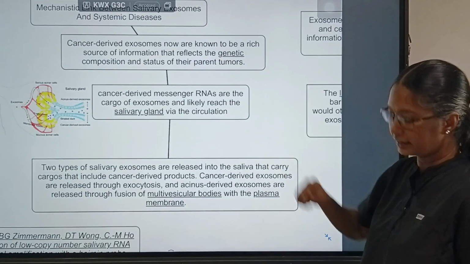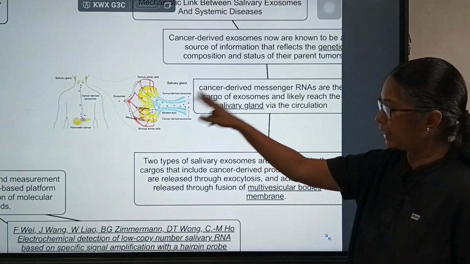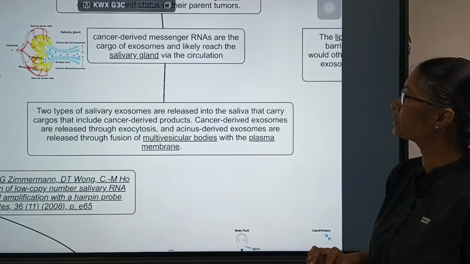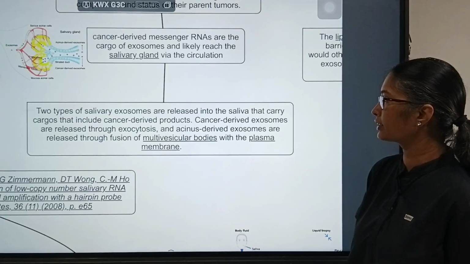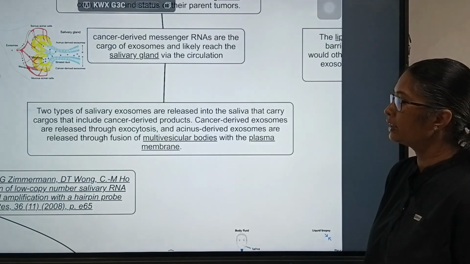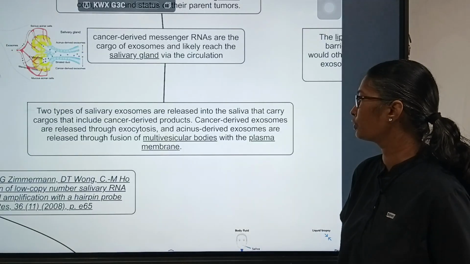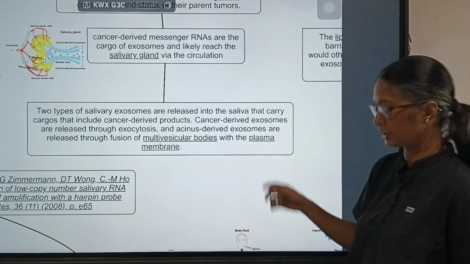So this can reach the salivary gland via the circulation. So I just showed the picture. And there are two types of salivary exosomes released into the saliva that carry cargoes that include cancer-derived products. One is the cancer-derived exosomes, which is released through exocytosis, and the other one is the acinus-derived exosomes, which are released through the fusion of multivesicular bodies in the plasma membrane.